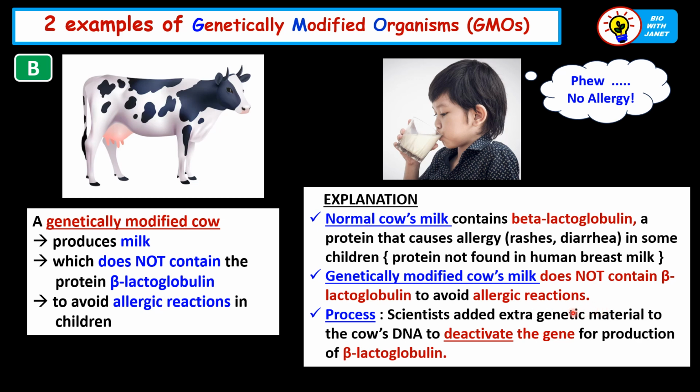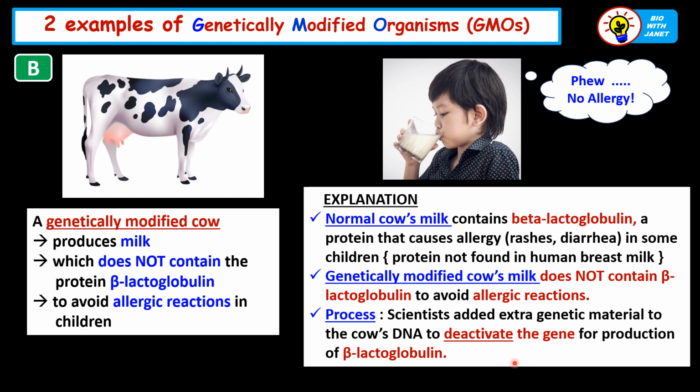Now, how did they produce this genetically modified cow? Scientists have added extra genetic material to the cow's DNA to stop the production of beta-lactoglobulin that is caused by a gene. That means it stops the gene from functioning, from working to produce the beta-lactoglobulin.